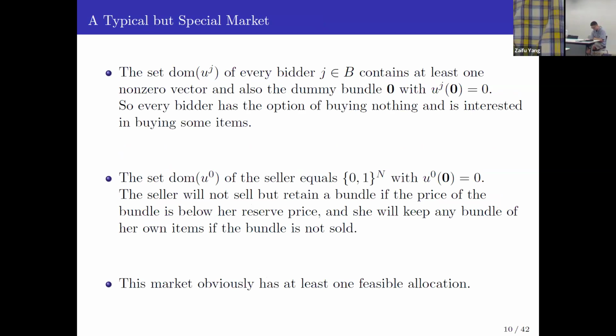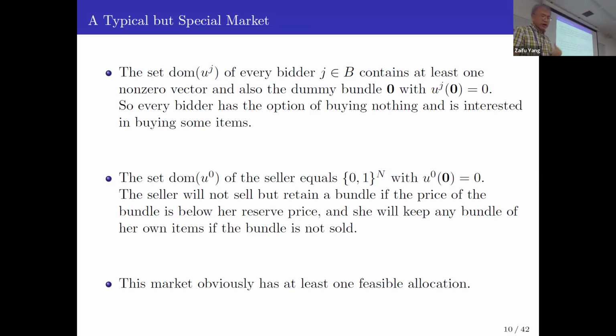Now we look at a typical but special market. Normally in the auction literature, you typically encounter such markets. The effective domain of every bidder contains at least one bundle of real atoms, and then you have an option not to choose any atom, so you have a 0 and a non-zero vector in your effective domain.